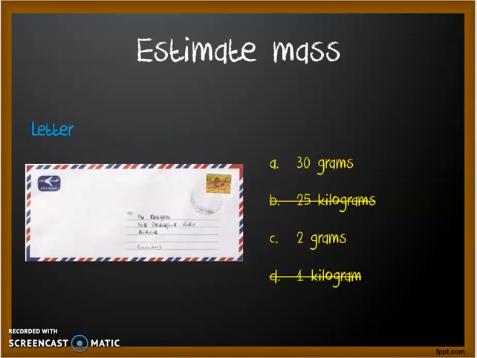There's no way that this envelope weighs, ooh, see, I just said weight because it's just so prevalent. But there's no way that the mass of this envelope is 25 kilograms or 1 kilogram, right? It's just, that's not reasonable. So we're looking at 30 grams or 2 grams. So which one of those makes the most sense?